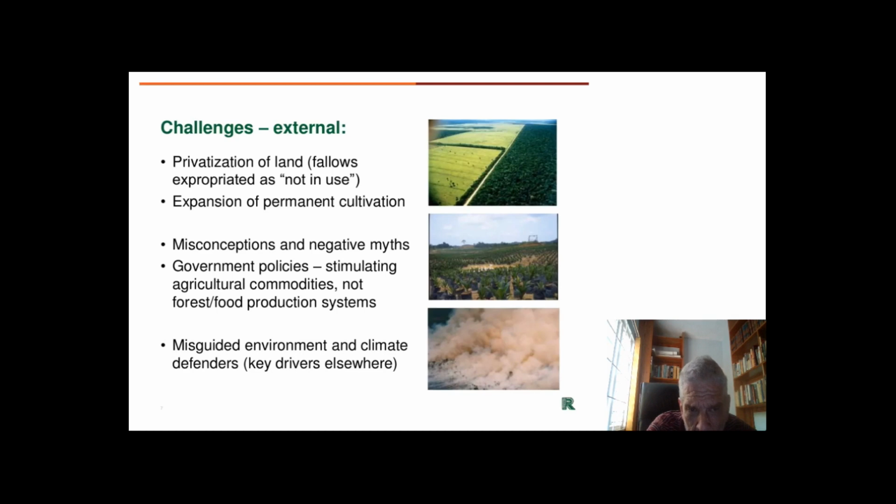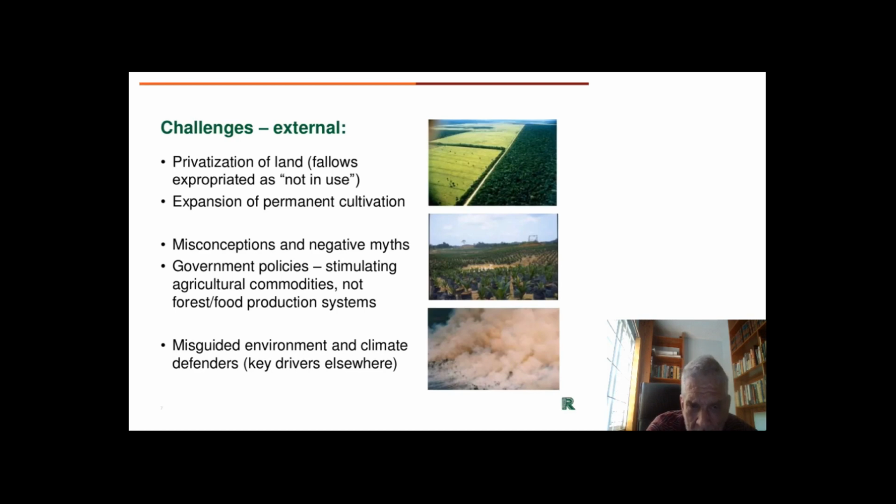And then government policies. Governments in places like Brazil are certainly encouraging cutting down the Amazon for traditional farming. Government policies stimulate agricultural commodities rather than forest food production.